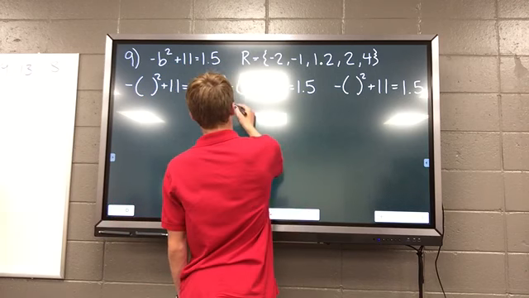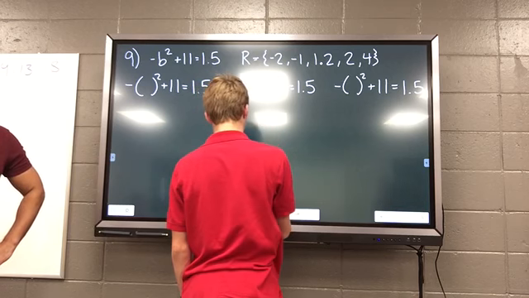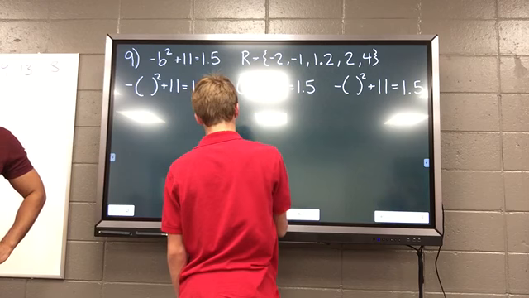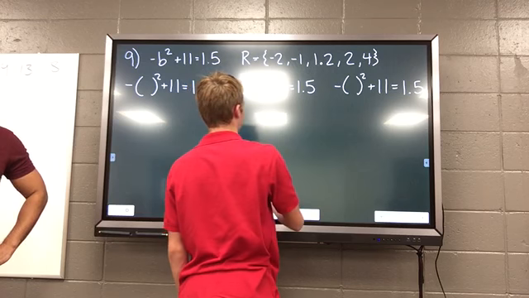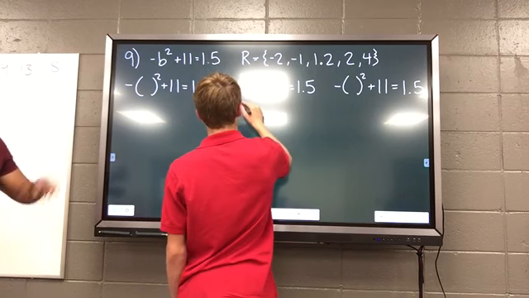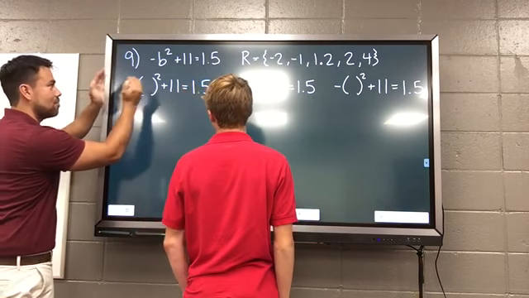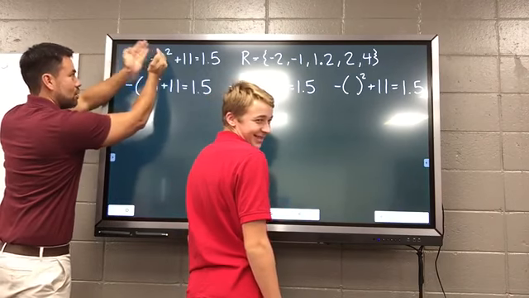Okay, question, Chelsea. See how it's -b squared, and then there's -2? I helped you guys out on this. You see I put negative parenthesis squared because it's a negative variable squared.